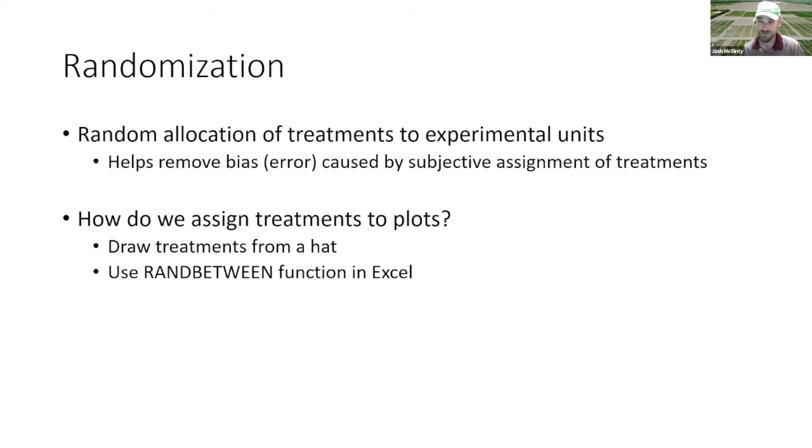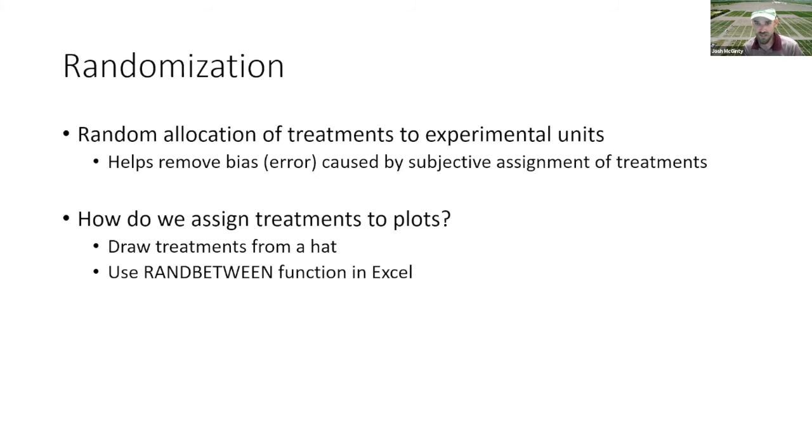It's really easy to start to think, especially for herbicide trials, okay, I know I'm going to have to spray this treatment 3 or 4 times, so I might want to put it over here where it's closer to the other treatments just like it. Well, that might make it easier for you as you're going out and spraying these plots, but we might be unintentionally introducing some error there by grouping those treatments or plots close to one another. We might be putting those in a part of the field where they're going to perform differently than they would have in other locations in that trial.